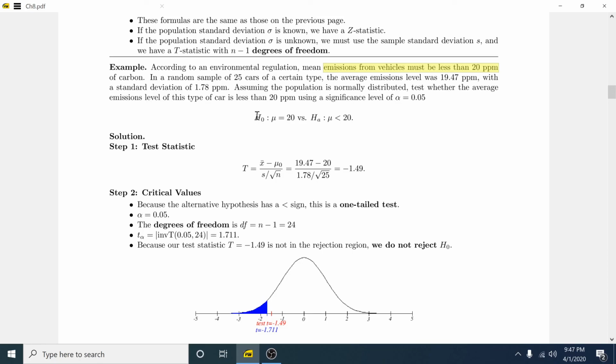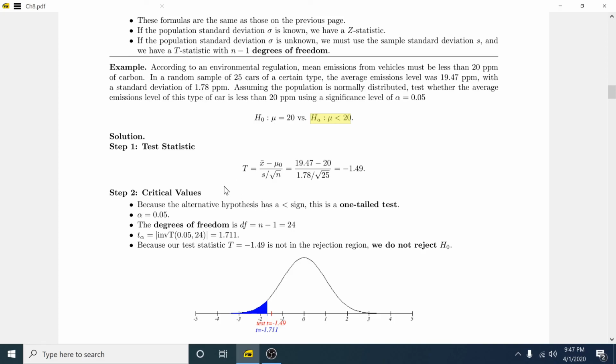So you want to reject this null hypothesis because you want to demonstrate the alternative hypothesis is true. You want those cars to have emissions less than 20. But in this problem, we do not reject the null hypothesis, which means we have not been able to demonstrate that the null hypothesis is likely to be false, which means we have not been able to demonstrate that the alternative hypothesis is likely to be true. So these cars would likely not be approved to go to market. The environmental regulation would not allow that.